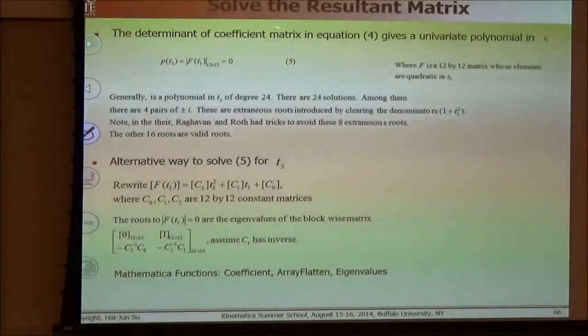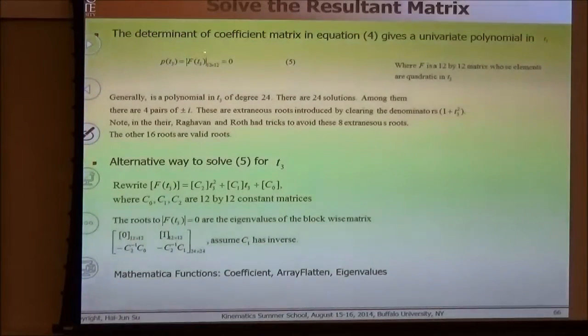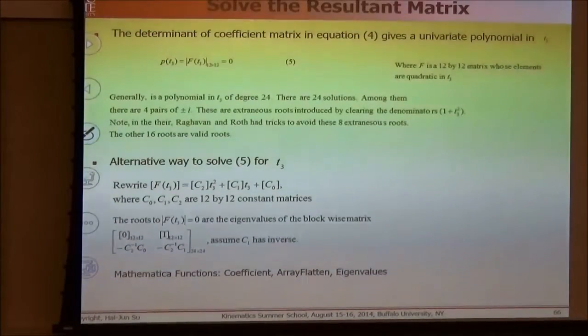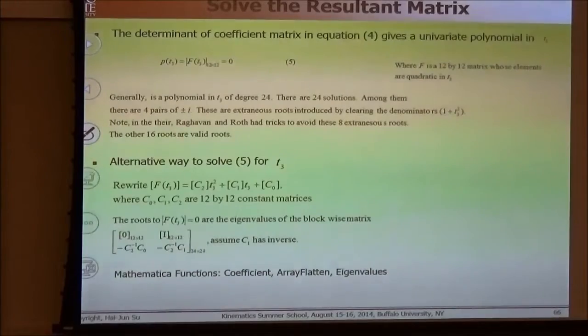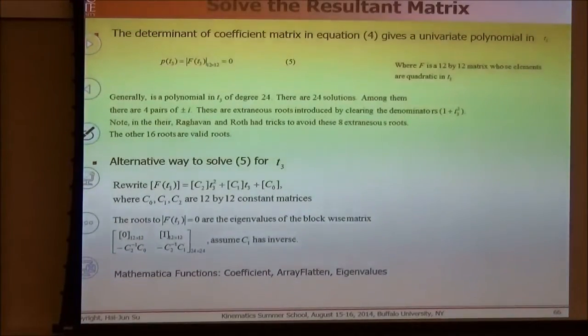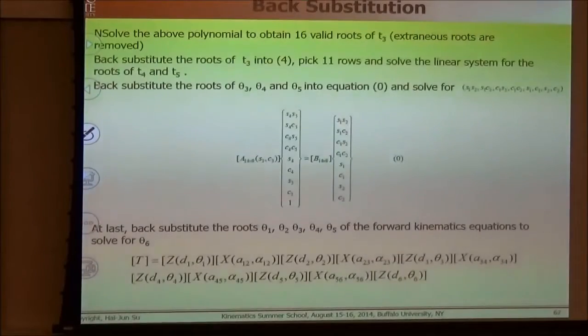So now either you can take the determinant of the matrix and obtain a univariate polynomial and obtain solutions, or you can convert this, using the method that I just mentioned, into a general eigenvalue problem, so using linear algebra to solve the equations.